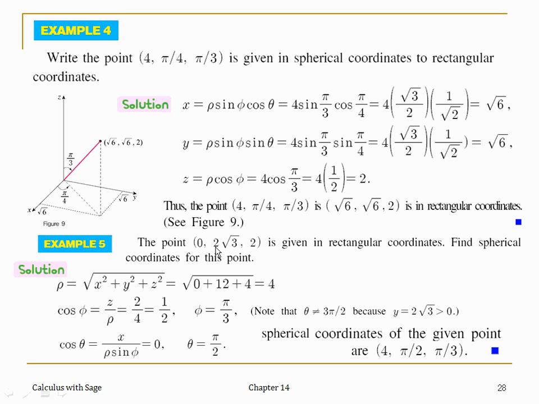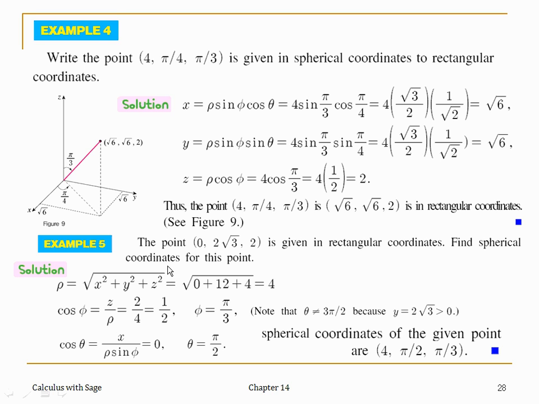And the point, this is in rectangular coordinates. Find the spherical coordinate for this point. Then rho can be found in this way. Cosine phi can be found as this because phi was arc cosine z over rho.